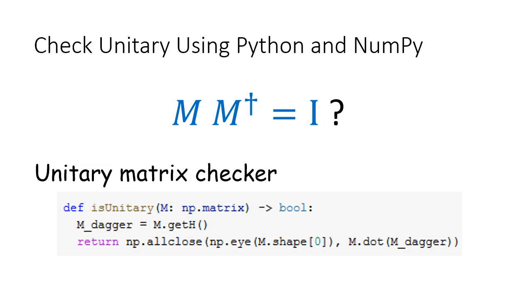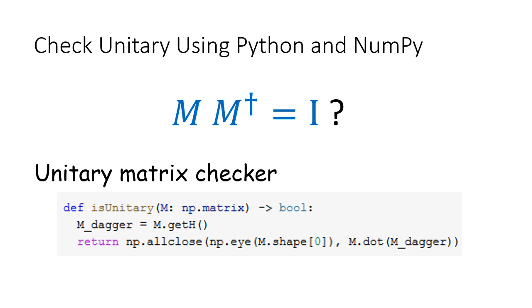Basically, the first line is a definition of this unitary function, and the first line in the function is M dagger. In NumPy we can use the getH function to get the conjugate transpose of M. And then we can compare the dot product of M and M dagger with the identity matrix.